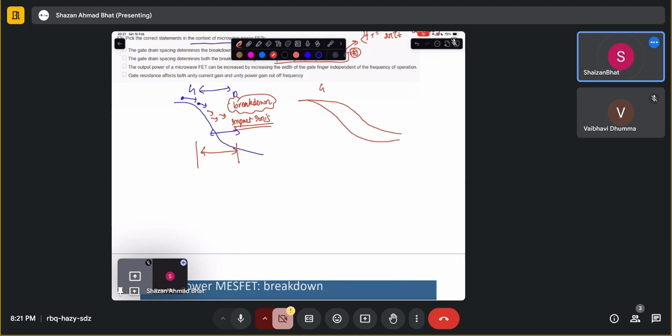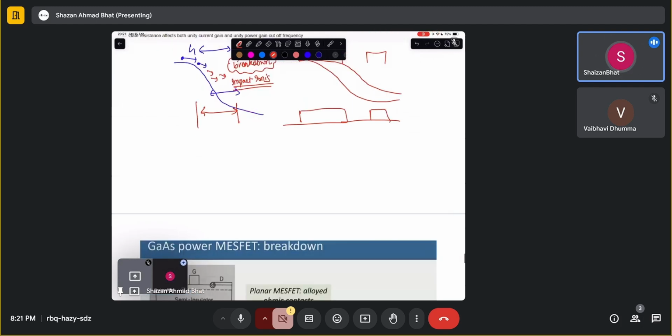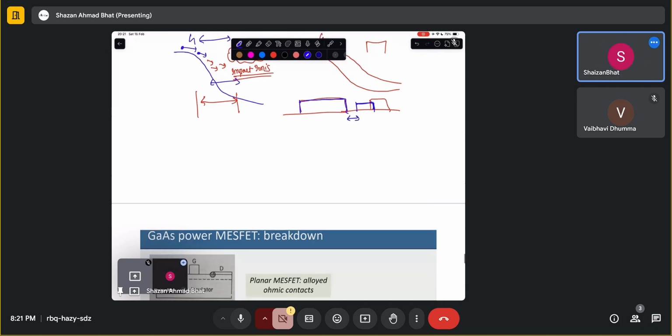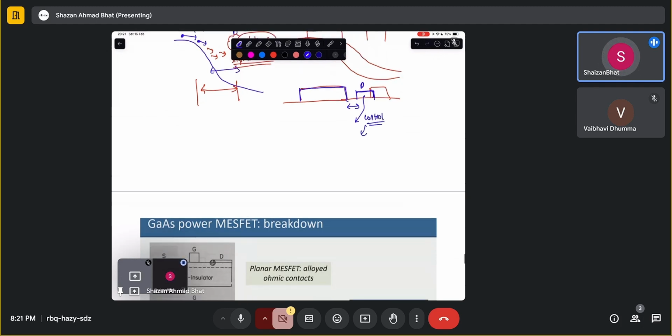If this is the gate here and this is the drain here, and in another configuration we have a drain here and the gate at the same position, then in this particular case the drain is going to have much more impact on the channel. It is going to control the channel, and that means it's going to have an effect on Gm as well. If it's having an effect on Gm, then it's going to have an effect on the frequency, because frequency and Gm are basically related. There is a relationship between the frequency and Gm.